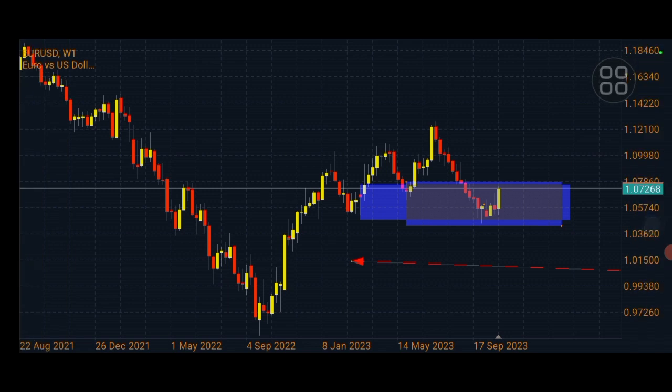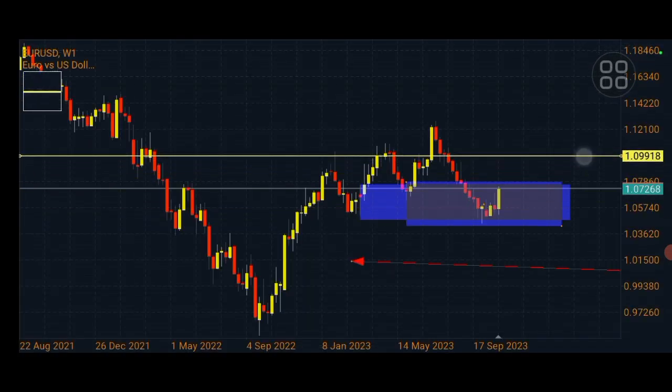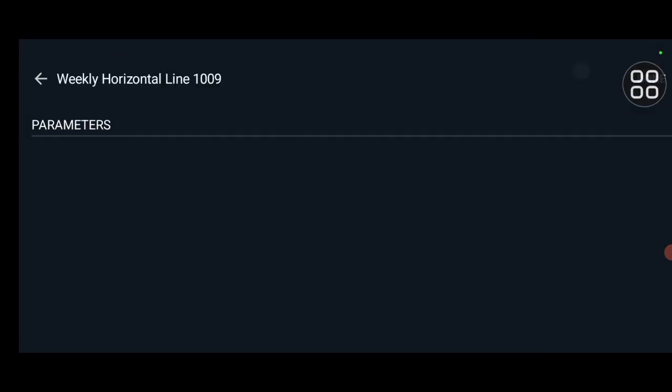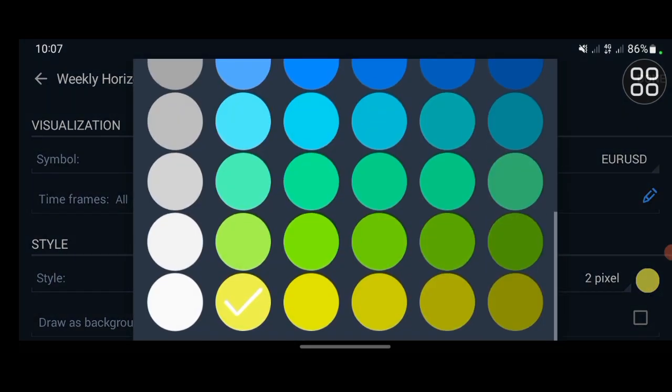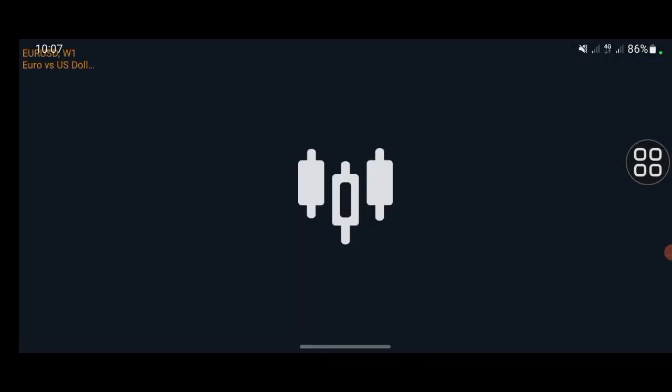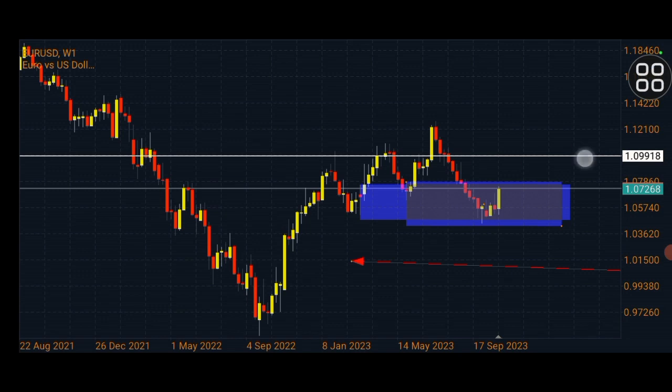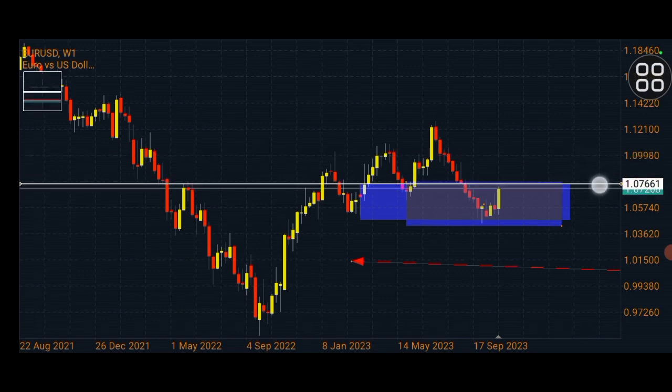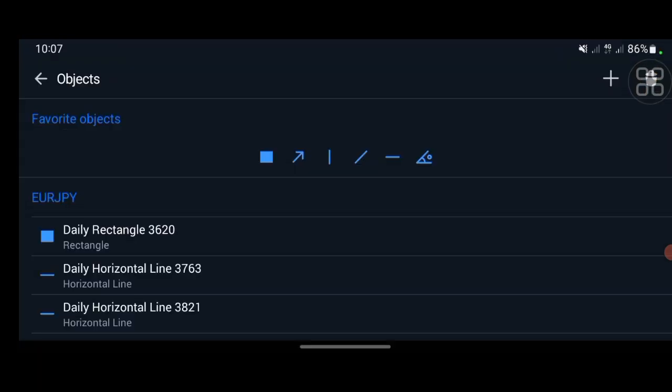So this is where I put my lines. White means potential good buy, that's why I changed it to white. As you can see, from this zone till this white zone.